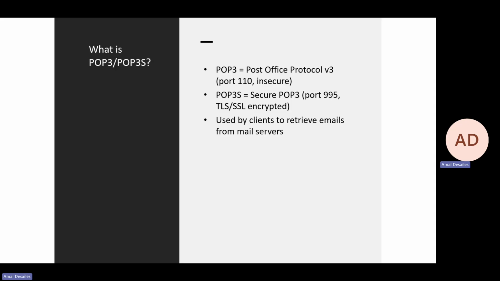POP3S is the secure version, which runs on port 995. It adds TLS or SSL encryption to protect the login credentials and email while they are being transferred. This is important because without encryption, attackers can easily capture usernames, passwords and email content.